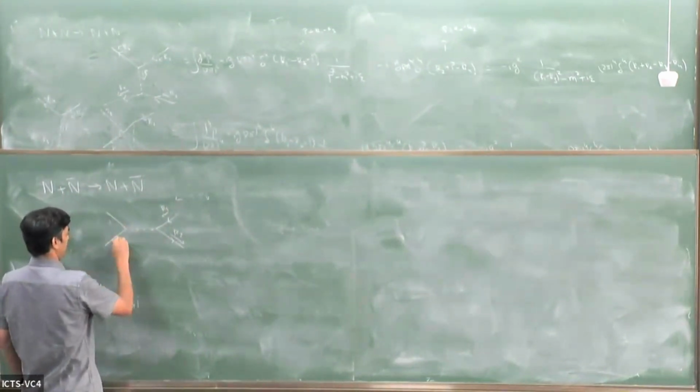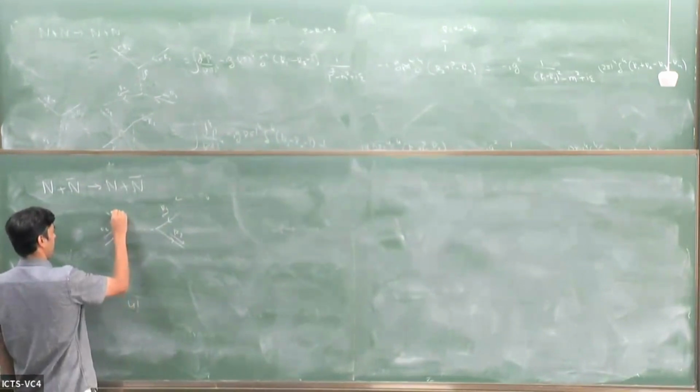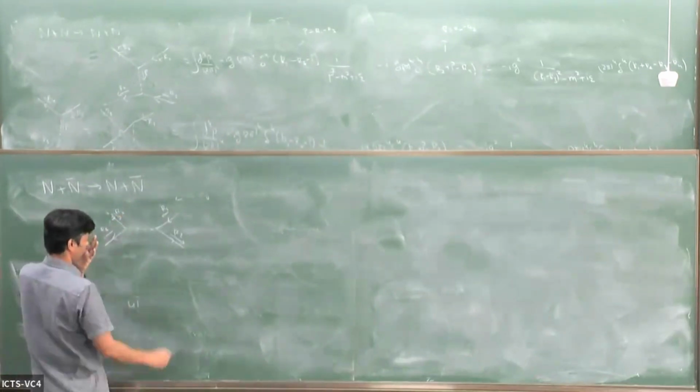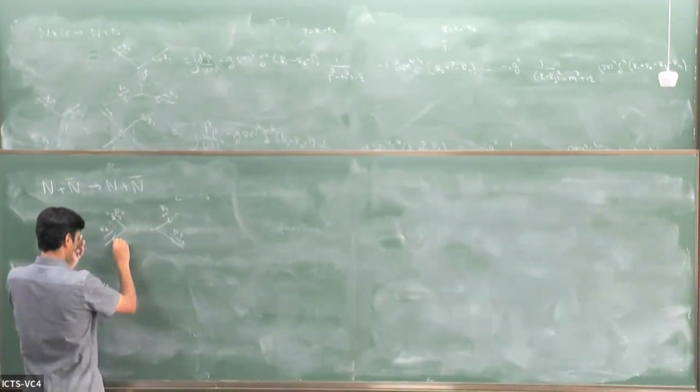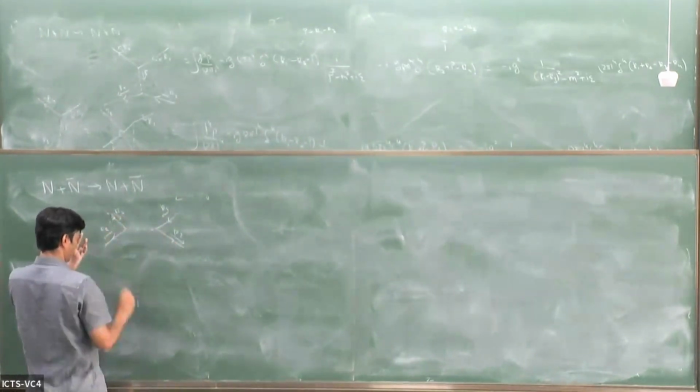And then this is the outgoing K3 and this is K4. So this is the incoming psi, this is the outgoing psi, this is the incoming psi bar, this is the outgoing psi bar.